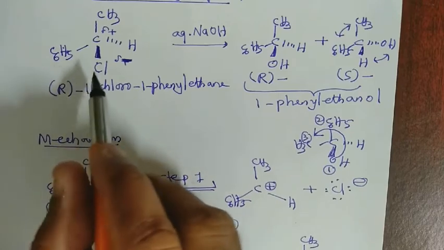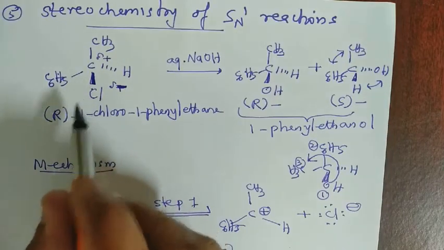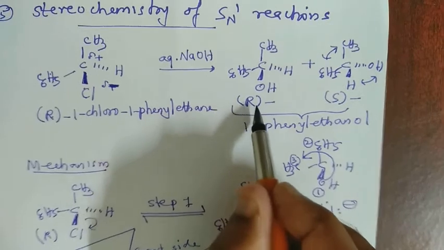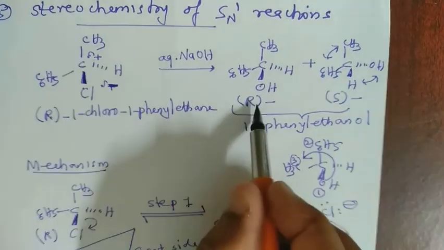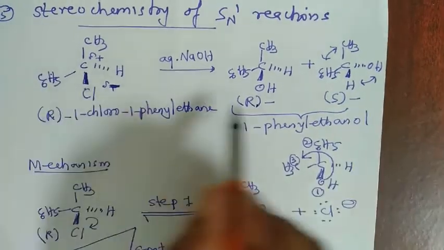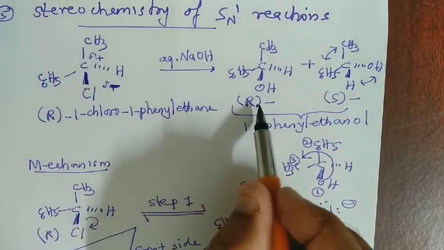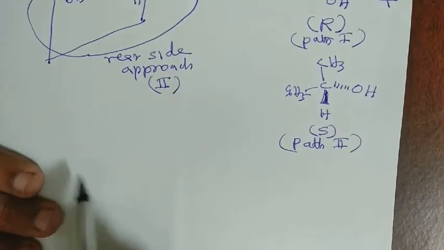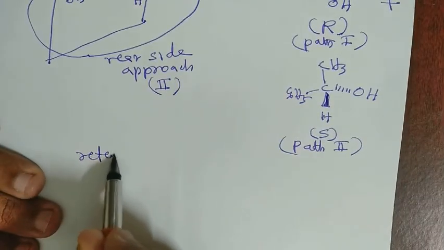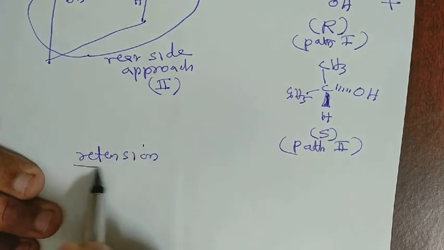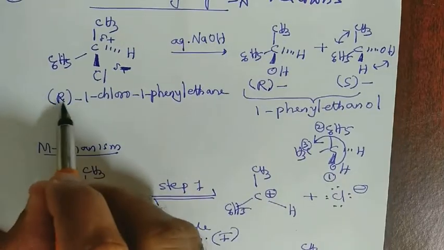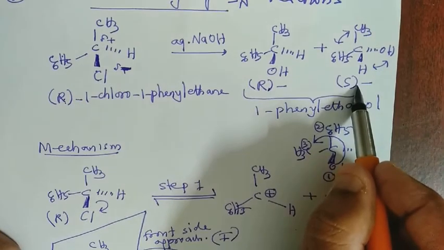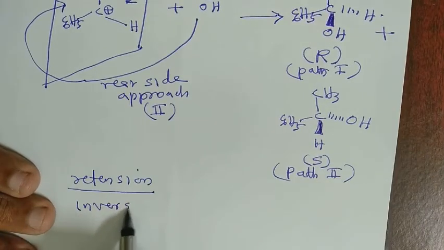In a chemical reaction of an enantiomer, if reactant and product have the same configuration, both having R or both having S, then it is called retention of configuration. If reactant and product have opposite configuration, then it is called inversion of configuration.